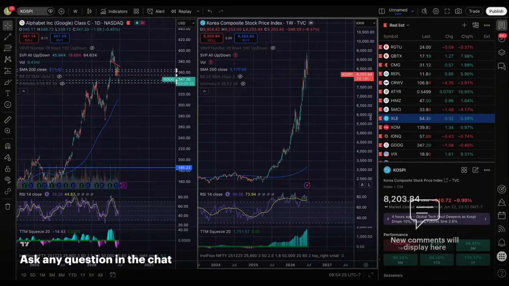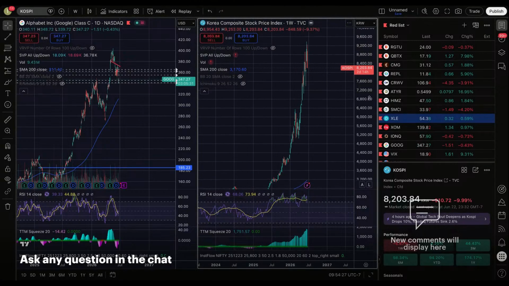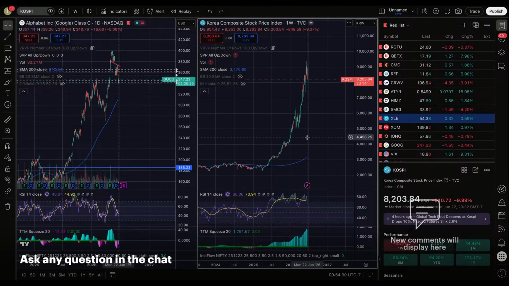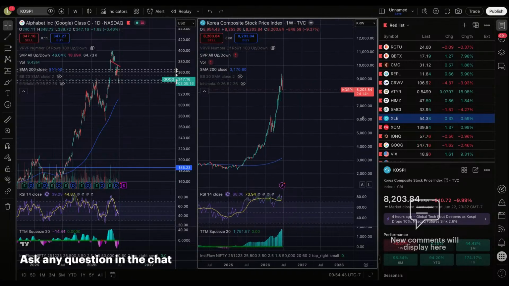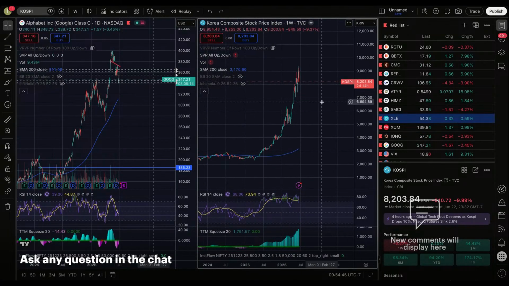Second of all, Korea has huge troubles and problems with their country. Their population is aging a lot, and their currency is not that strong. So it's all going to reflect in the equities. They will have to print a lot of money.